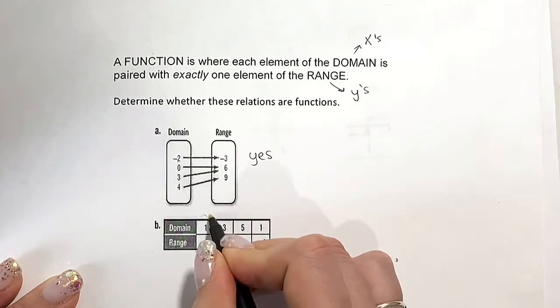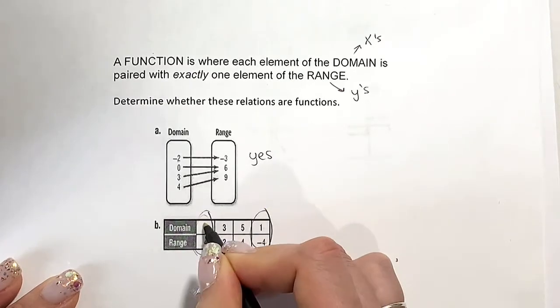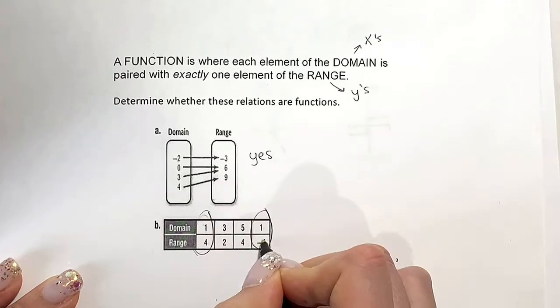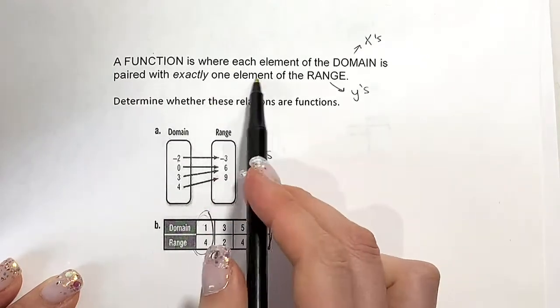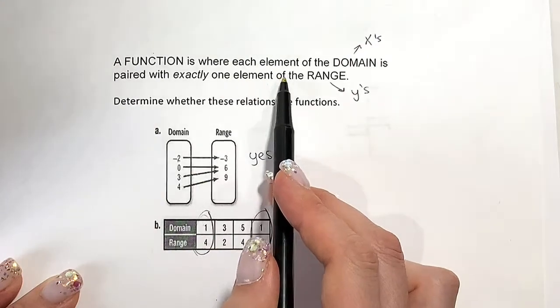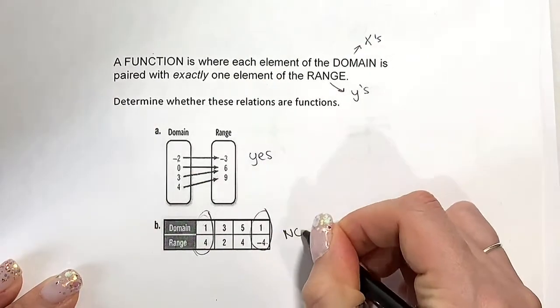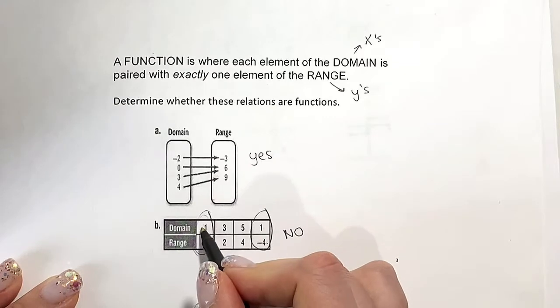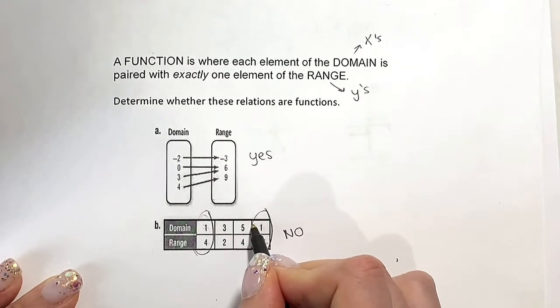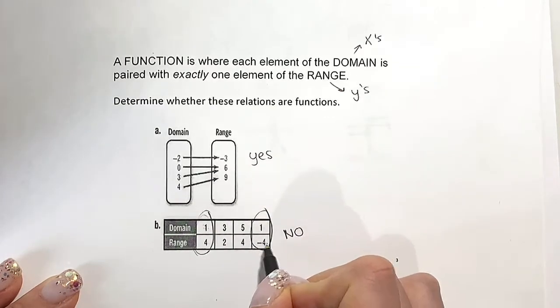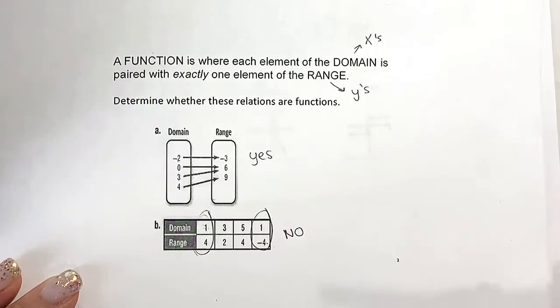That's where we have an issue, is that we have that number 1 being repeated, and so it's going to two different y values. It can only go to exactly one in order to be a function. So this one would be no. So check and see, is your x number being repeated at all, going to a different y value? That's where we have a problem, and it's not a function.